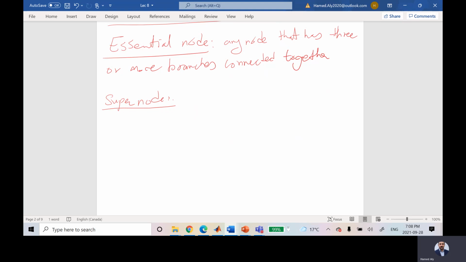So the supernode is defined as any 2 nodes and in between there is a voltage source.